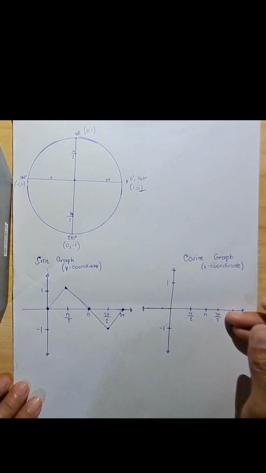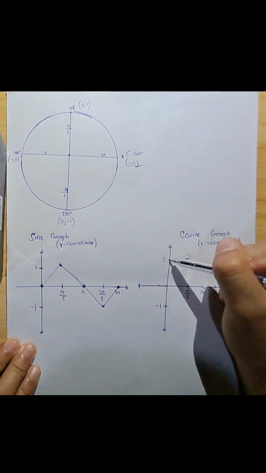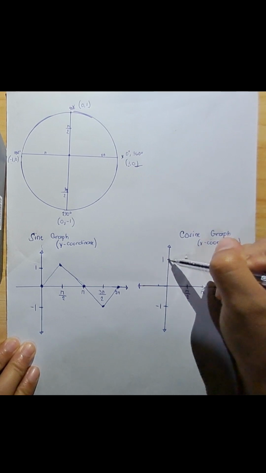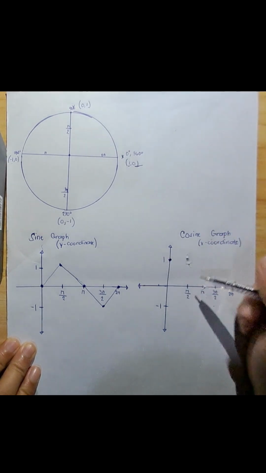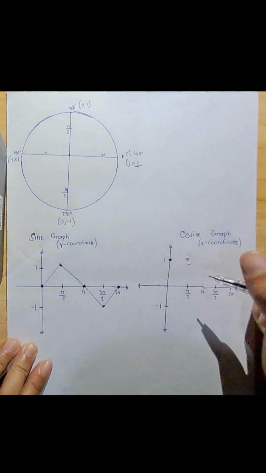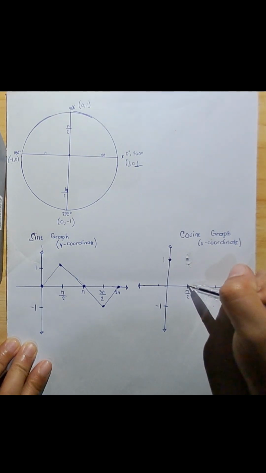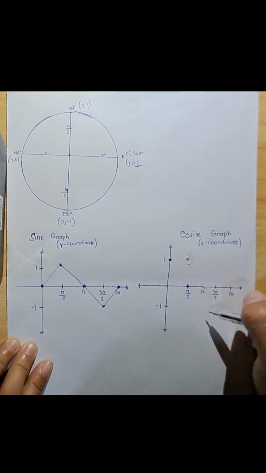So let's do the cosine. In the cosine we start with 1, not with 0. The equivalent of the x coordinate at pi over 2 is 0. At pi, the x coordinate is negative 1.